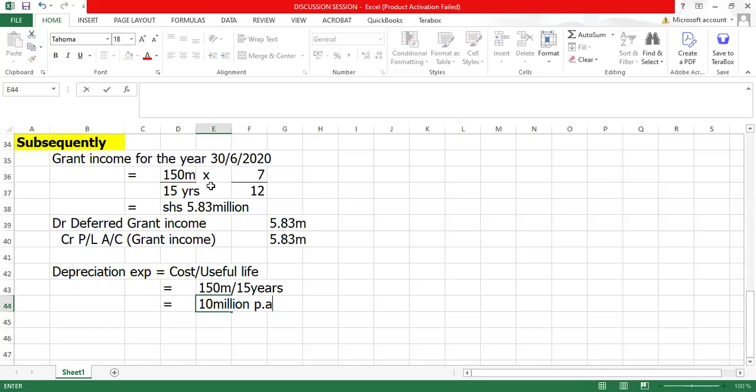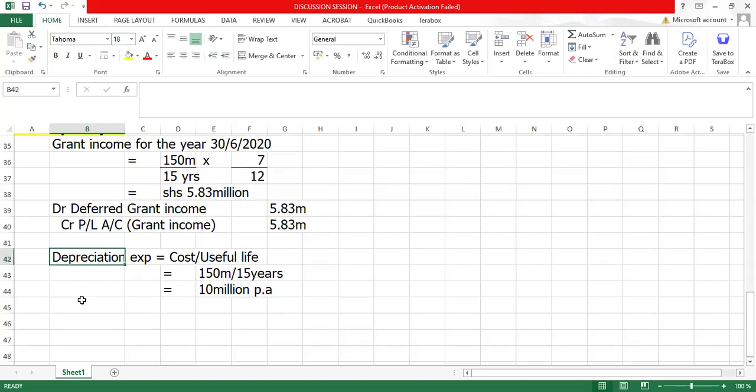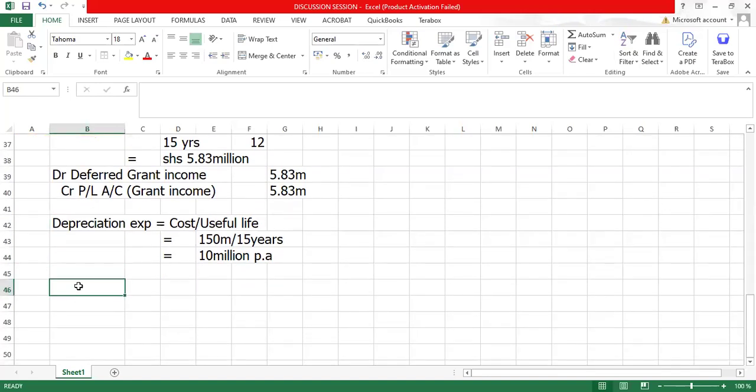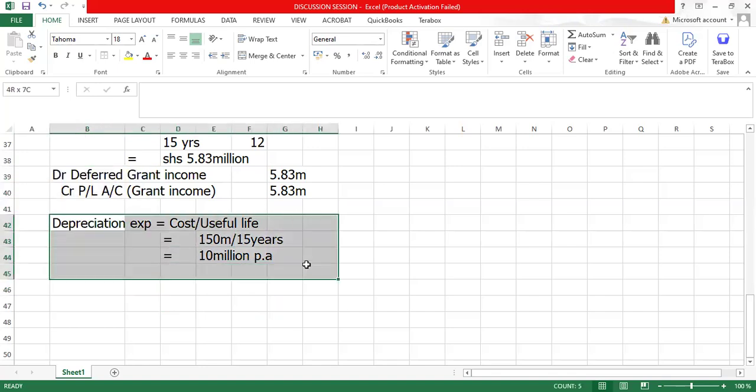This is per annum. However, you see, for the year ended 30th June 2020, the depreciation will not be for the full year. You'll also have to time a portion.